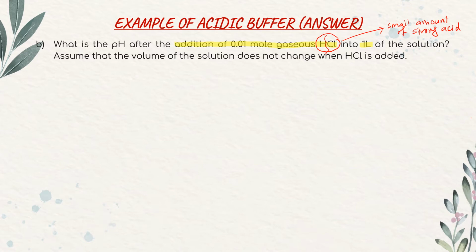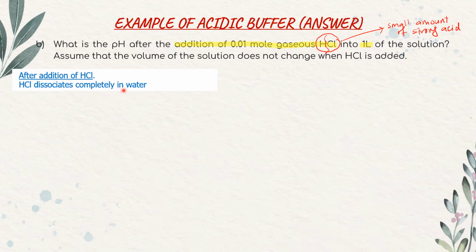Okay, so, kita dah identify our disturbance over here is HCl. Okay, taklah disturbance tapi kiranya yang kita masukkan macam pengganggu jugalah. Okay, so, the addition of HCl, after the addition of HCl, apa yang kita akan tahu, HCl will dissociate completely in water.